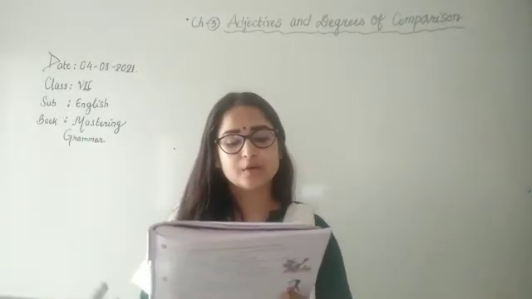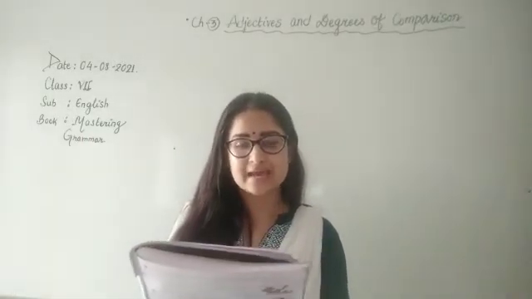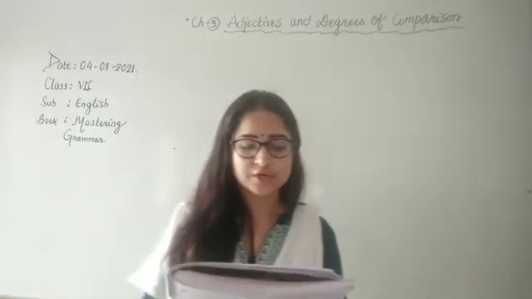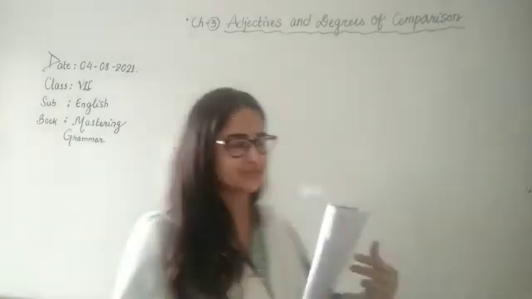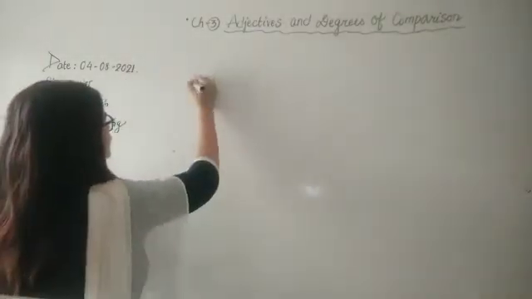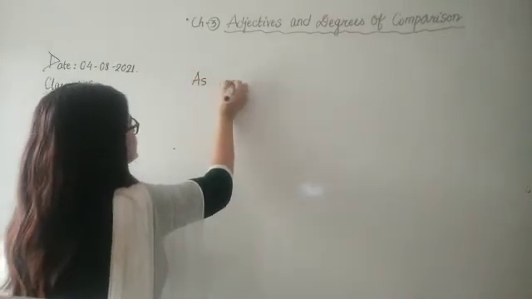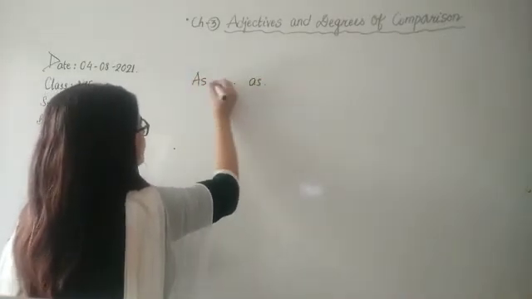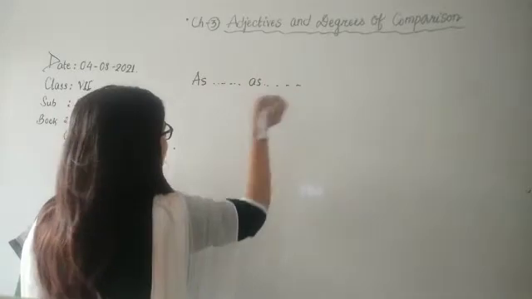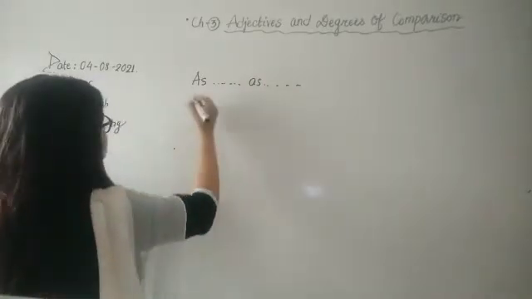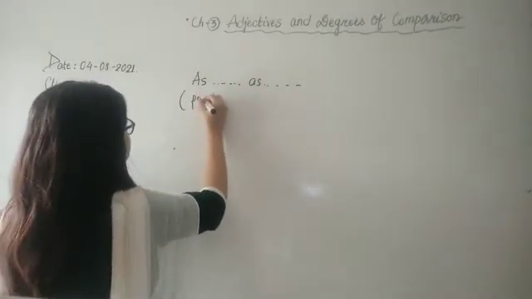Like see, we are going to learn the use of as, so as. So is generally used with positive statements. We are talking first of this one, as, and then again you use as. After some words you again use it. So this is usually used with positive statements.